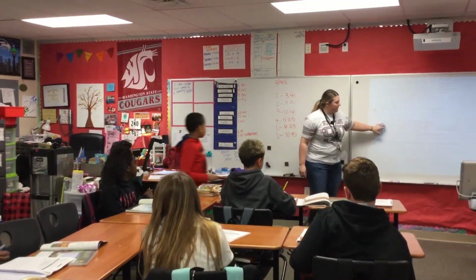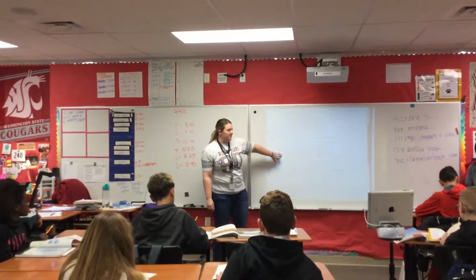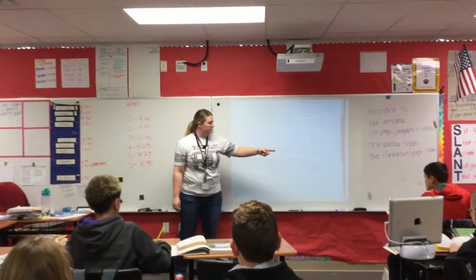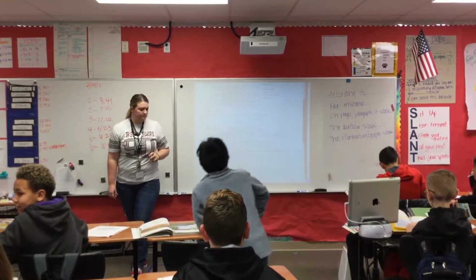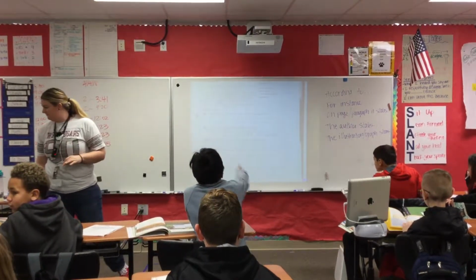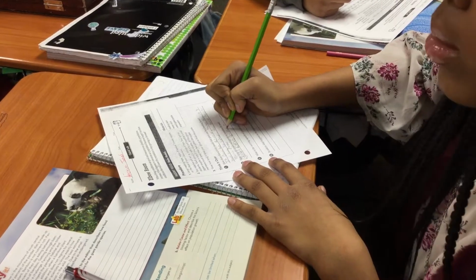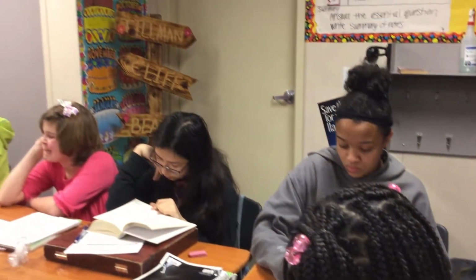Okay, so again, on your lab sheet, you could have written it a little bit different, but the numbers I circled are the number of people in a group. So 2 people per group, 3 people.